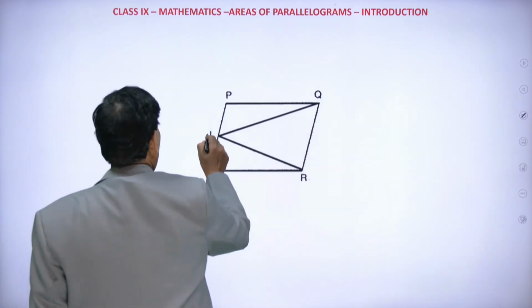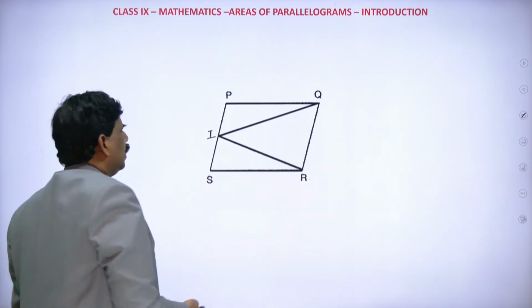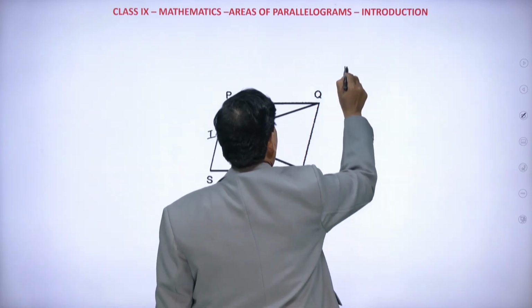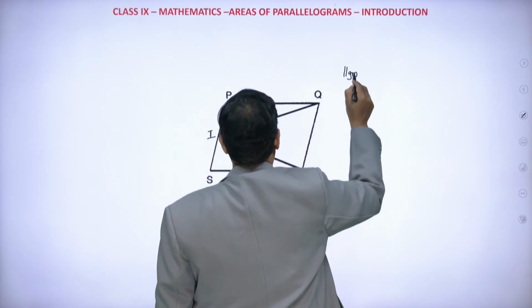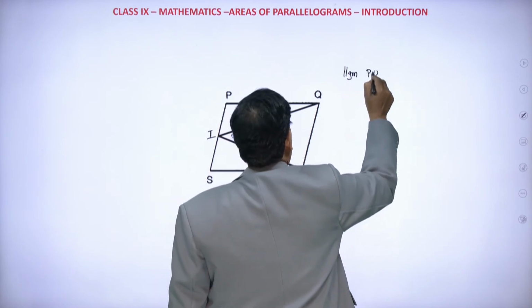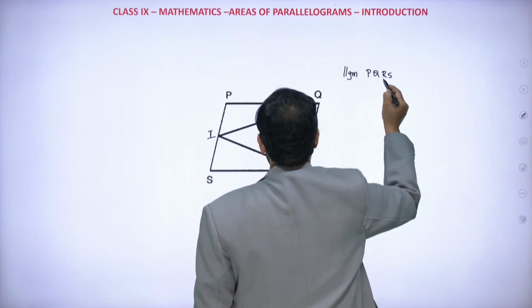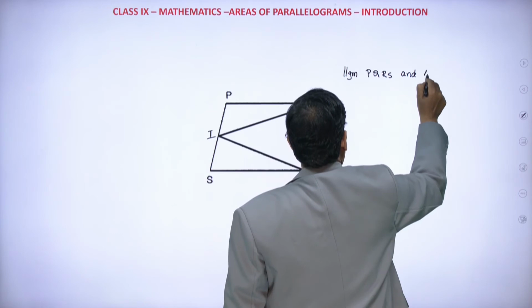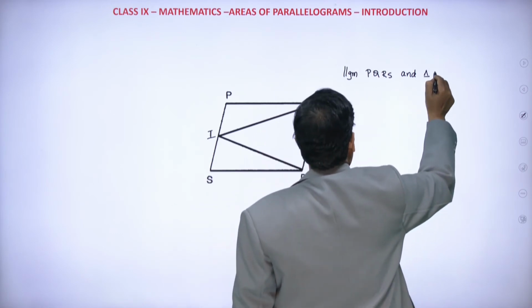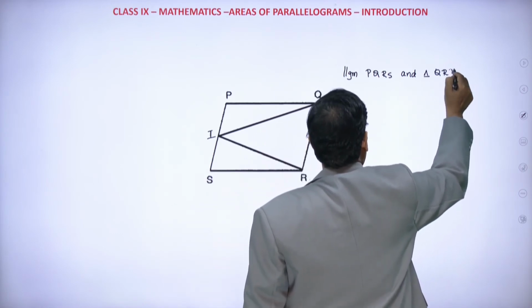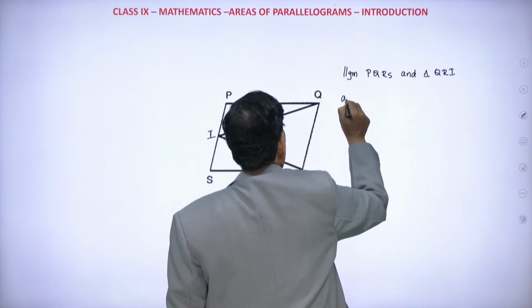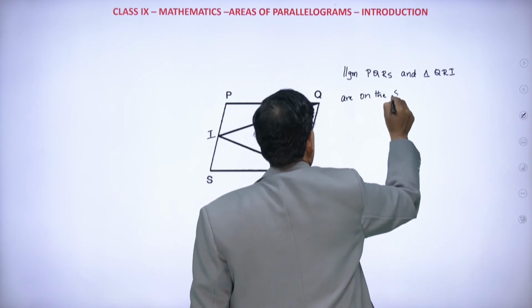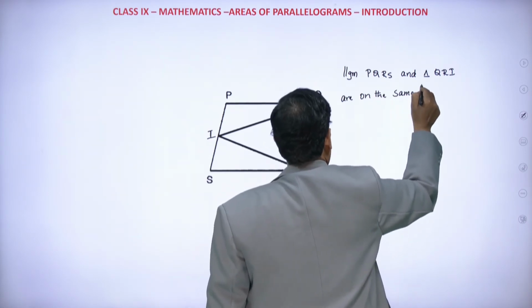So parallelogram PQRS and triangle QRI are on the same base.